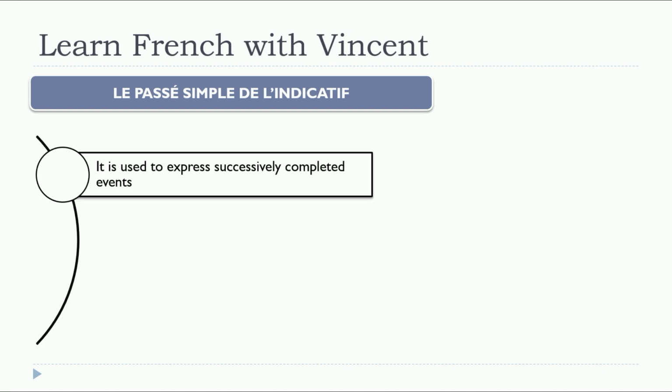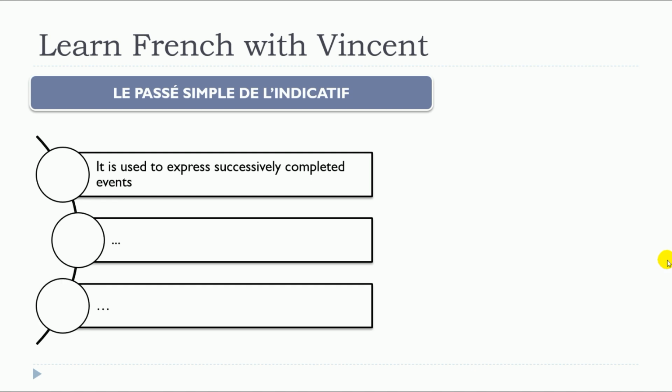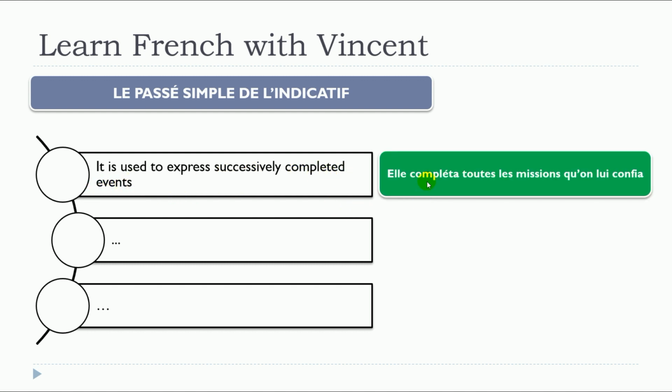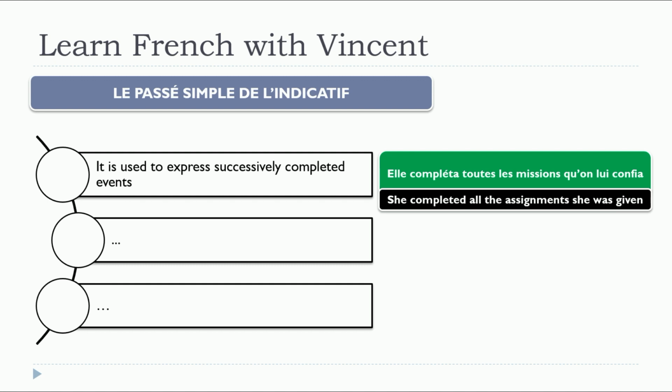And one last thing for le passé simple de l'indicatif, it is used to express successfully completed events. And this is quite interesting because, look, elle compléta toutes les missions qu'on lui confia. In this sentence, clearly you can see that this part was anterior, so it was the first thing.